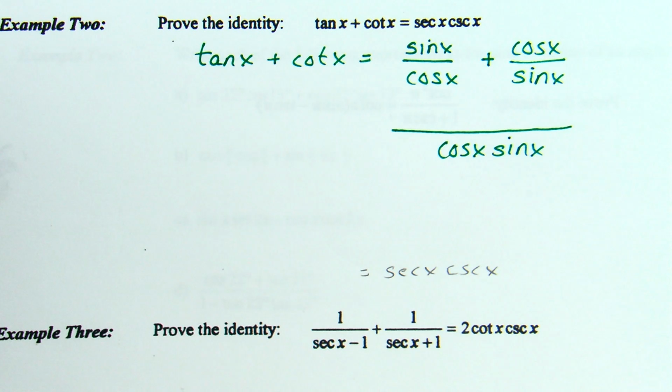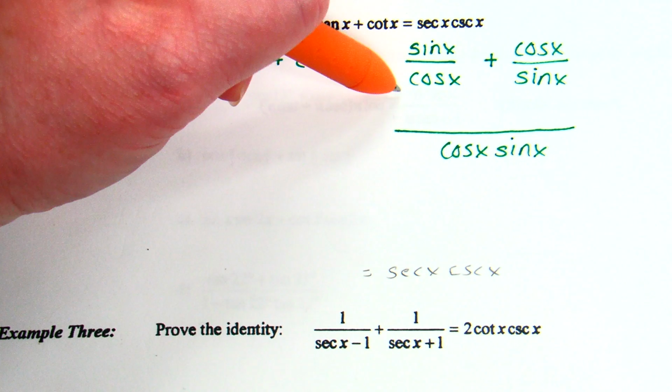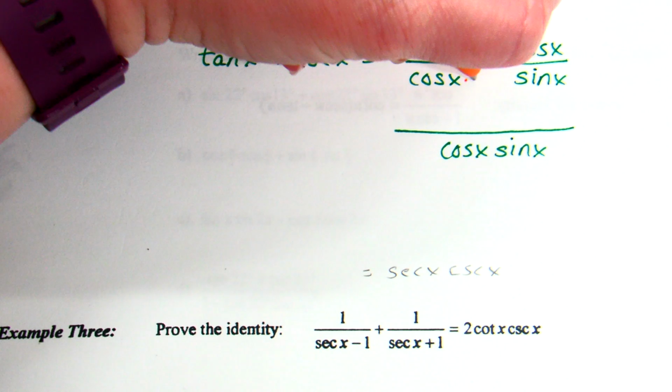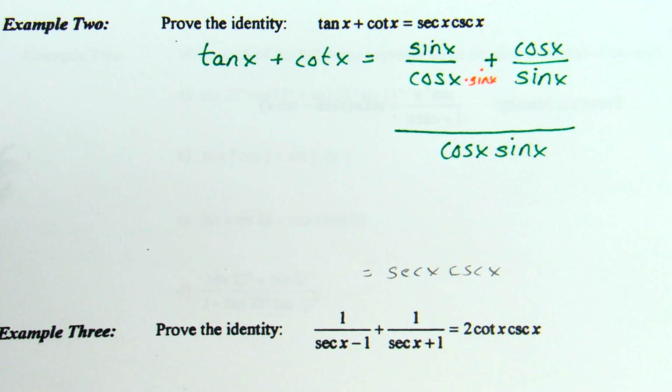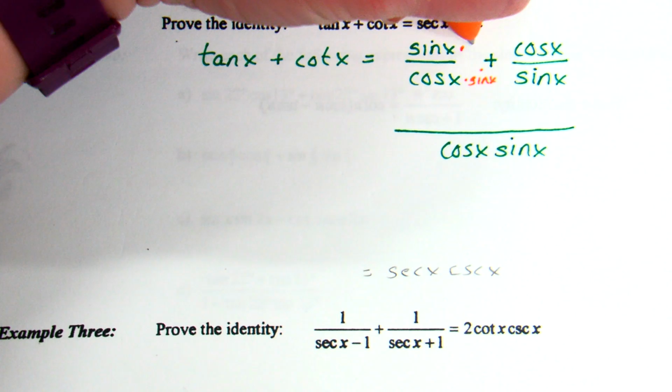What is my first denominator of cosine x missing? Sine x. So what am I multiplying this first fraction by? Sine x. What you do to the denominator, you do to the numerator, yes? So in my numerator, what is sine x times sine x? Sine squared x.